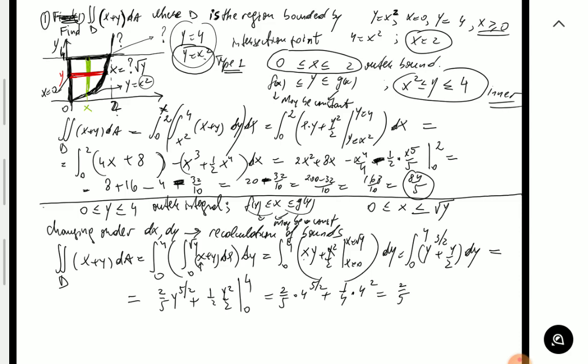Square root of 4 is 2, to the 5 is 32, and 16 over 4 makes it 4. So it's 64 over 5 plus 4, multiply by 5, 64 plus 20, 84 over 5. Okay, so I hope you are convinced that you get the same answer.